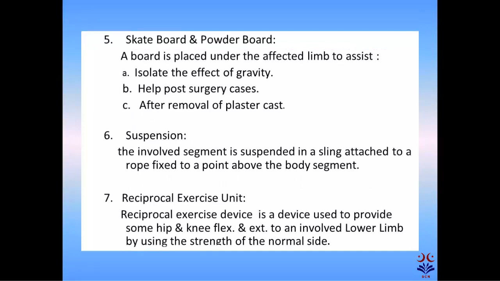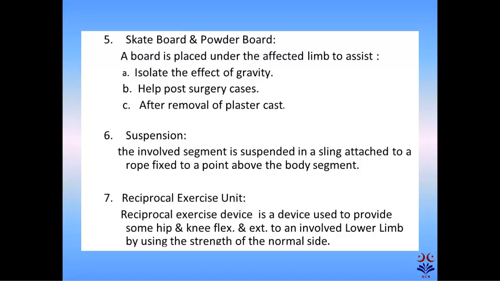Skateboard and powder board. A board is placed under the affected limb to assist. Number one, it isolates the effect of gravity. What will be the work of that skateboard or powder board? It will spare the effects of gravity, and it helps in post-surgery cases where there is a decrease in muscle power and the muscle needs some assistance, and weak muscular contraction is unable to complete the range of motion.